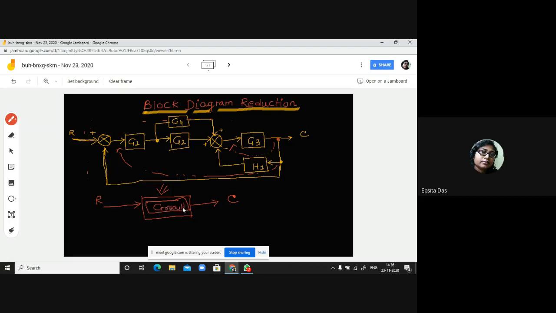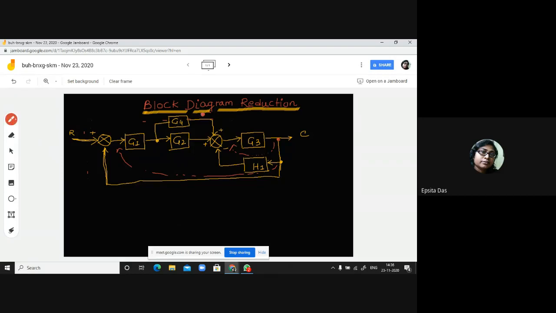So we have to get the G resultant. For G resultant, we need to take the help of those laws. Okay. Now, how will we proceed? First, we have to decide which part to reduce first, so that my other parts become easier for me.